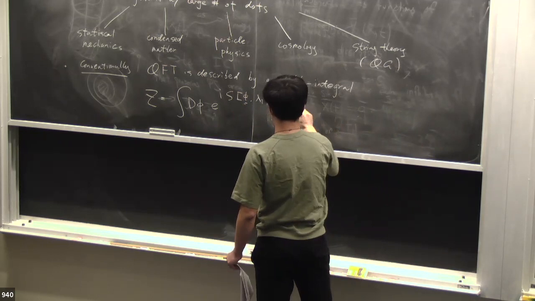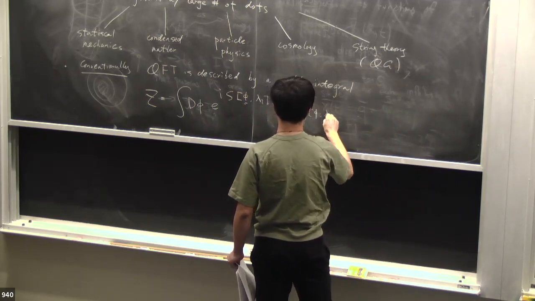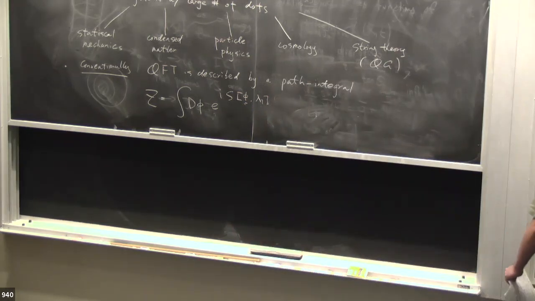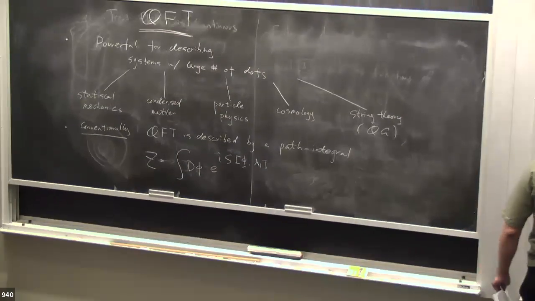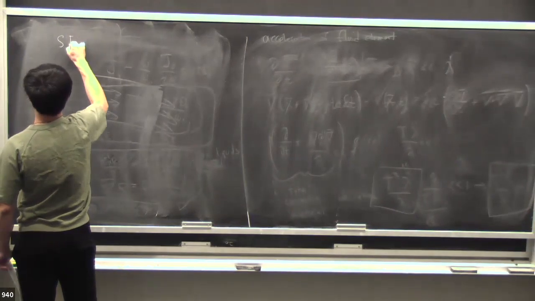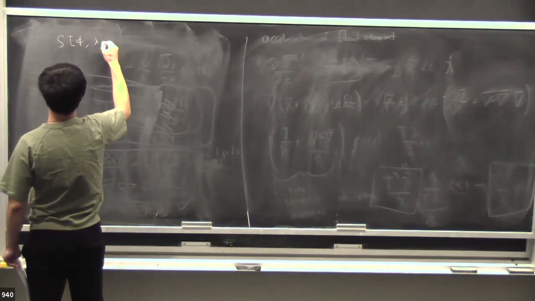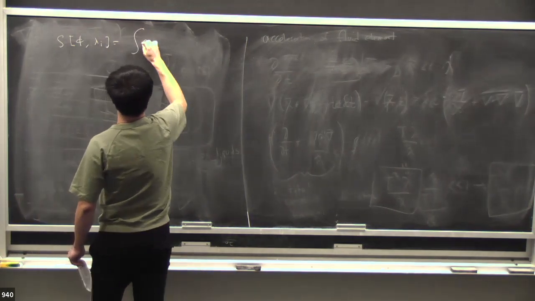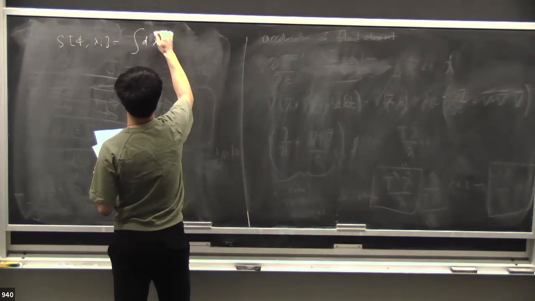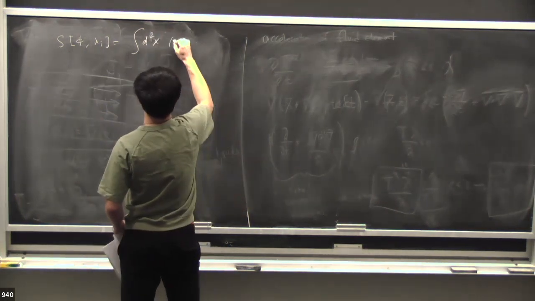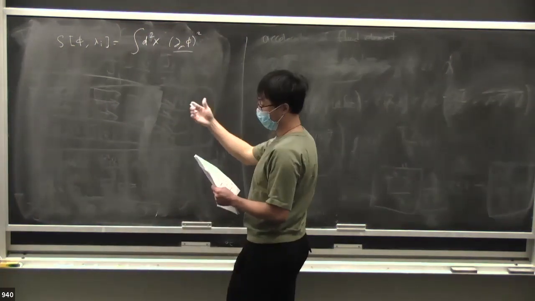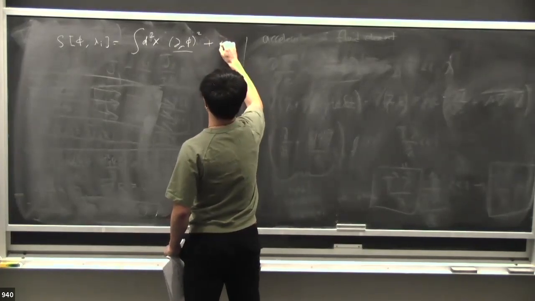As an example of this action, consider the case of a single quantum field. Maybe this is too small, I can go to the other board. A particular example: let's consider a single quantum field, an action in, say, two-dimensional spacetime of the form where this is the gradient of the quantum field in both the time and space directions, and some potential terms.